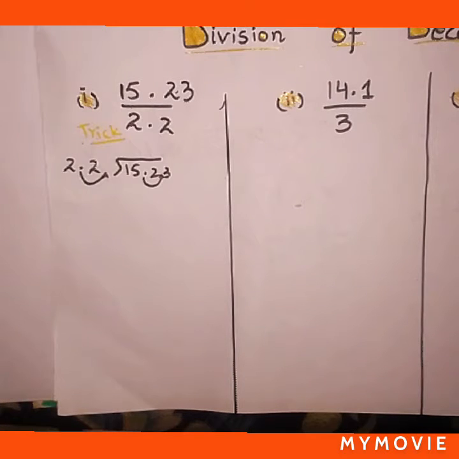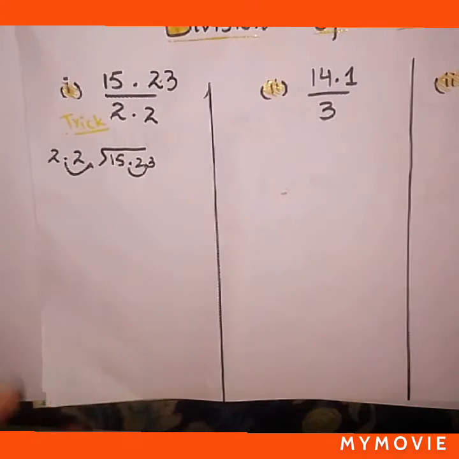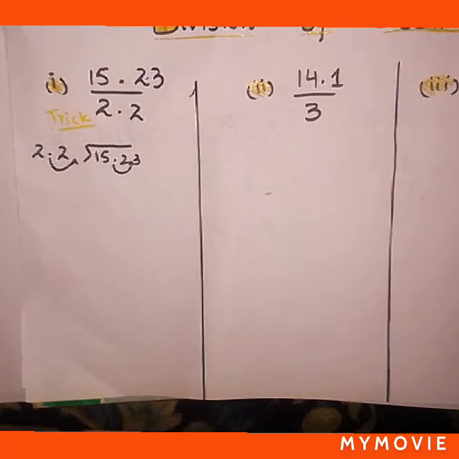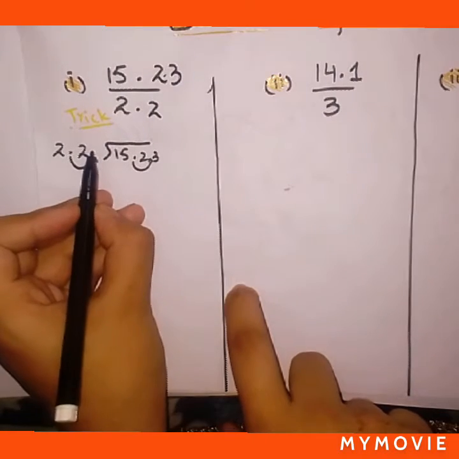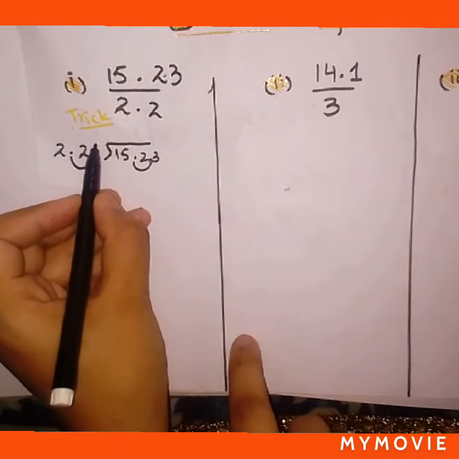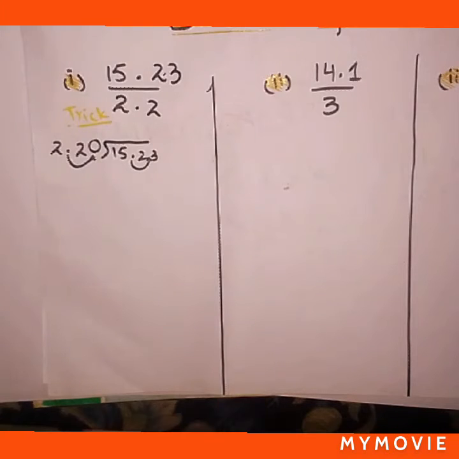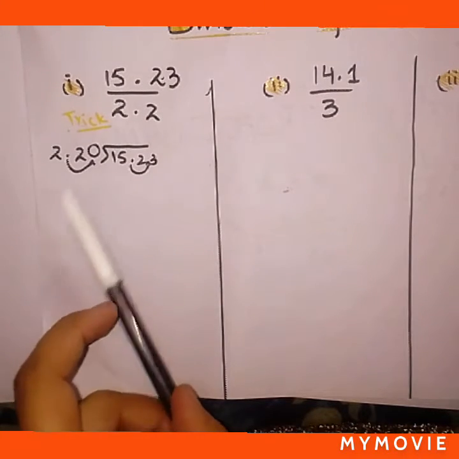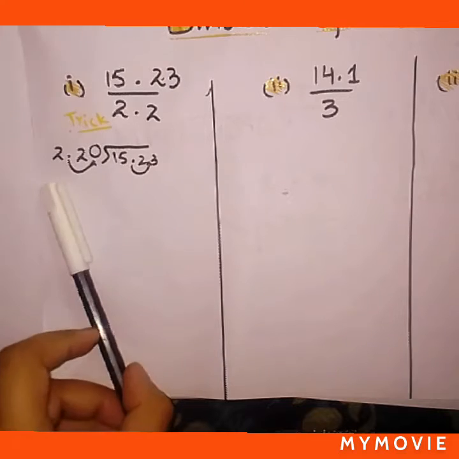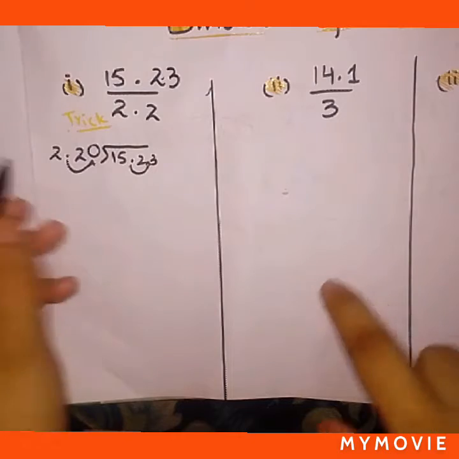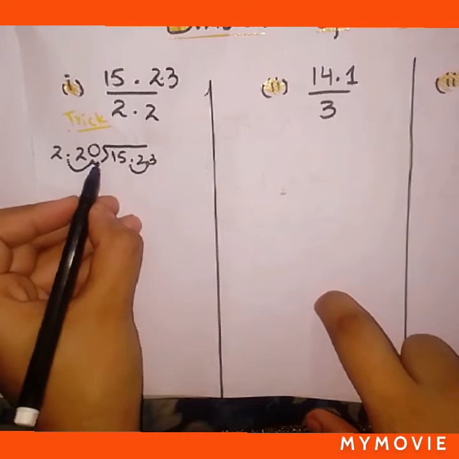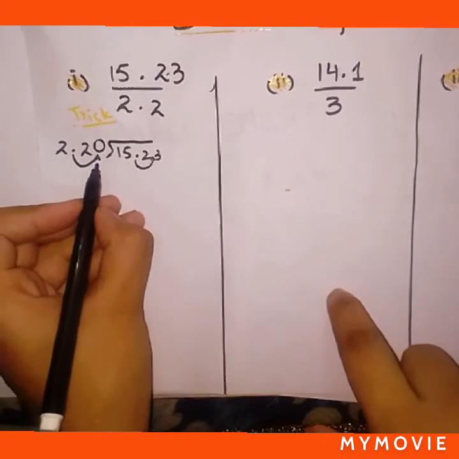I am repeating that 2.2 becomes 2.20. Why 0? Zero shows that if there is no number, it is said to be 0, because the decimal place value starts from tenths, and the normal place value starts from units. That's why I write the 0 for explaining tenths.